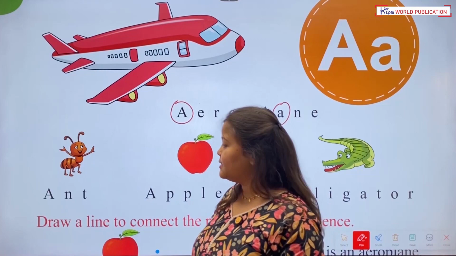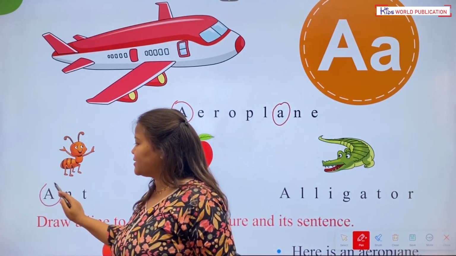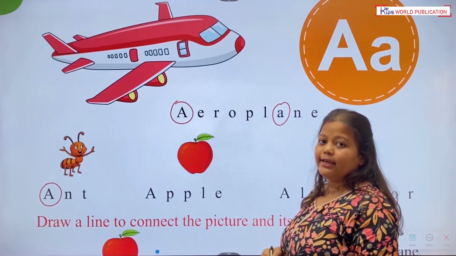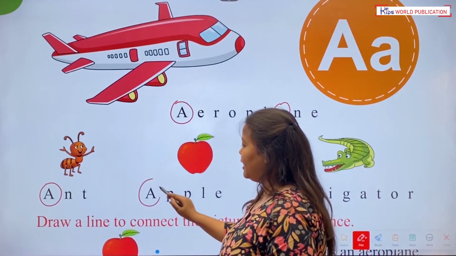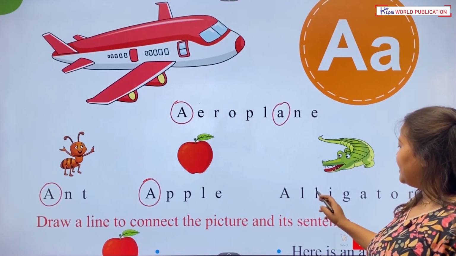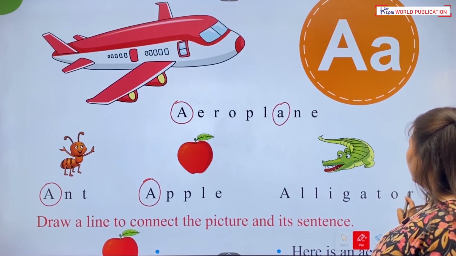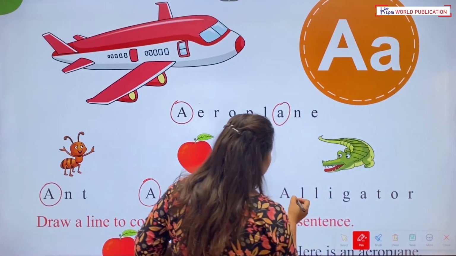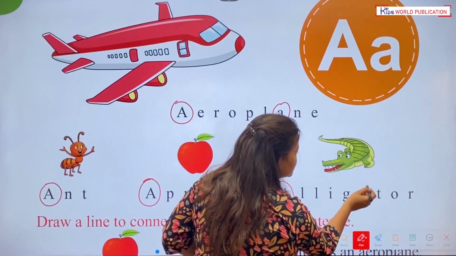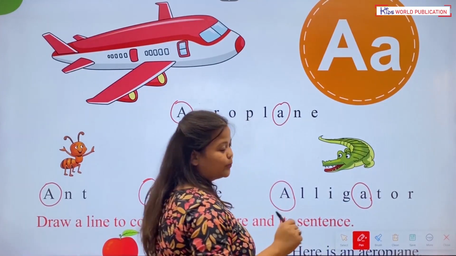Ant, A-N-T, ant. Circle the letter A. Apple, A-P-P-L-E, apple. Circle the letter A. Alligator, A-L-L-I-G-A-T-O-R. So here is one capital A, we'll circle it, and other small a, we'll circle it too.